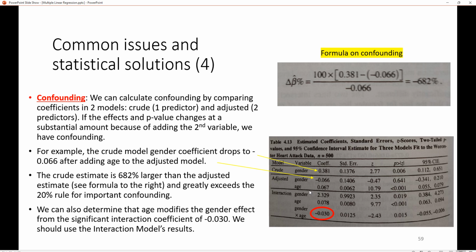We can also determine that age modifies the gender effect from the significant interaction coefficient of negative 0.030. So on the bottom, we're multiplying the effects of age by gender.